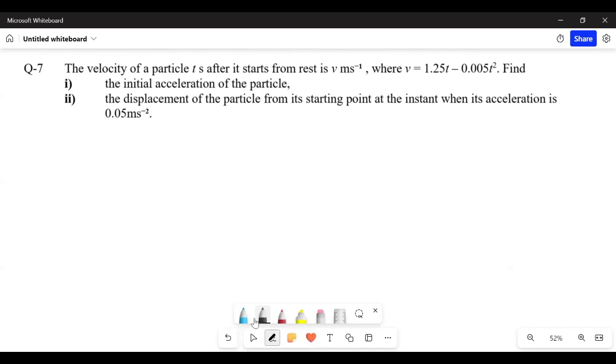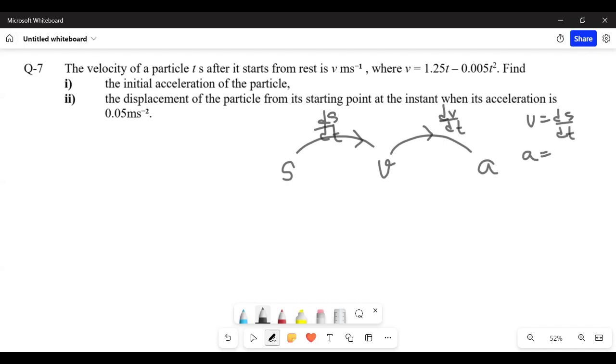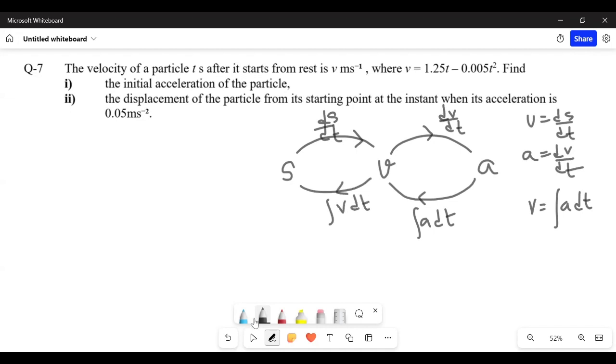In the first lesson वो कुछ ऐसा था कि यहाँ पे डिस्प्लेसमेंट है, s होता है या x होता है, फिर आ गई स्पीड और फिर आ गई एक्सेलरेशन. तो इसको डेरिवेट करते हैं ds/dt, उससे v आ जाता है. और इसको डेरिवेट करते हैं dv/dt, तो a आ जाता है. सो v जो होता है दैट इज इक्वल्स टू ds/dt, और a जो होता है दैट इज dv/dt. और जब ऑपोजिट चाह रहे होते हैं, हमें v चाहिए होता है, तो हमें इंटीग्रेट करना पड़ता है a को, तो v आता है. सो इफ यू वांट v यू हैव टू इंटीग्रेट a, और फिर यहाँ से भी इंटीग्रेट करना होगा v को टू गेट s.